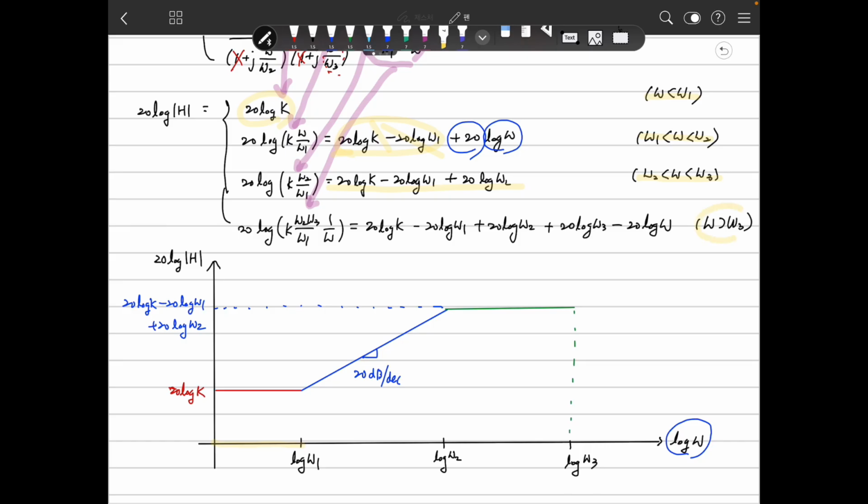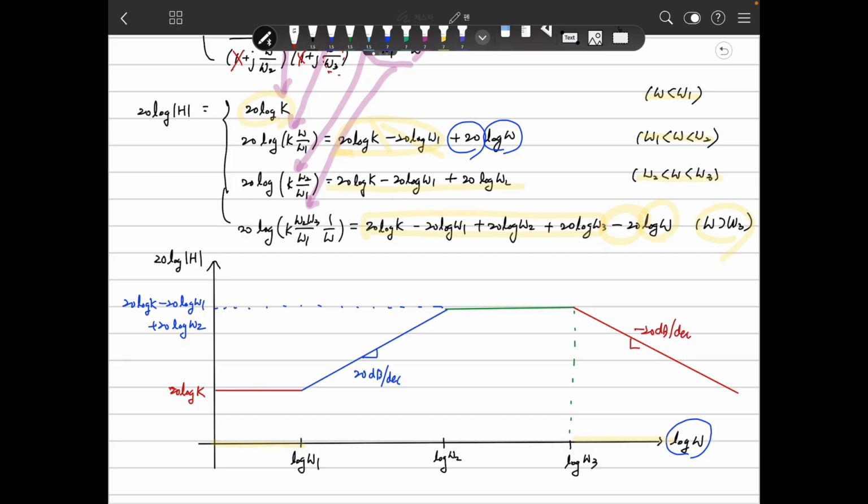And in this area here, this is a constant value, and we have log omega and the slope is minus 20. So we have a slope in this manner. So this is minus 20 dB per decade.